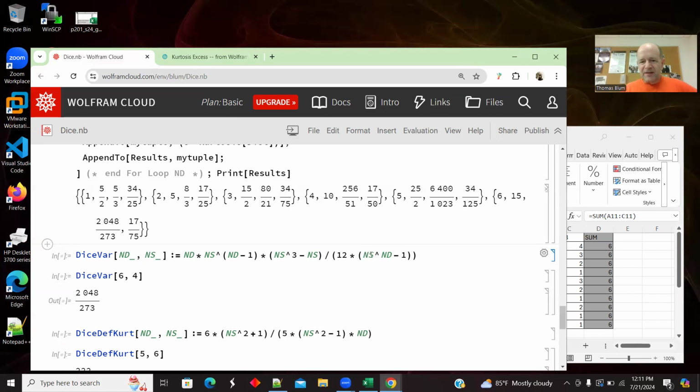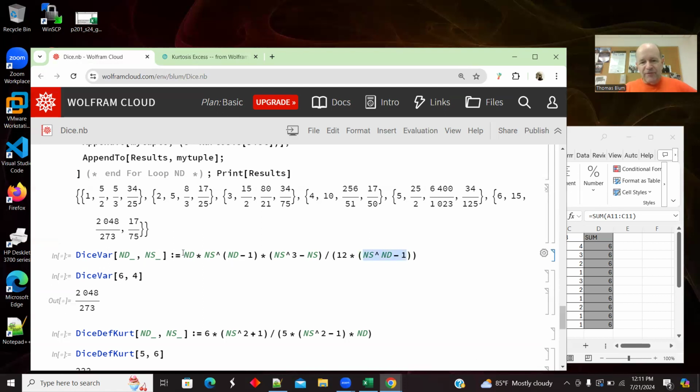I'm not doing random samples, I'm doing sort of a perfect set of samples, but that is the number of samples: NS raised to the ND. And then in the variance, you end up dividing by the number of samples minus one. So that denominator there is not unexpected. Okay.